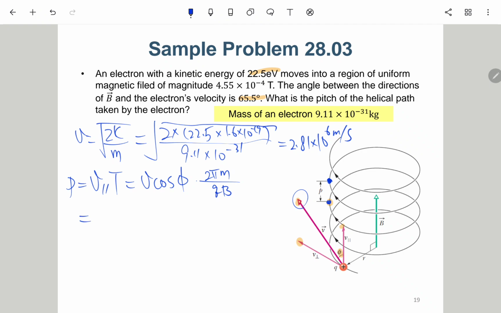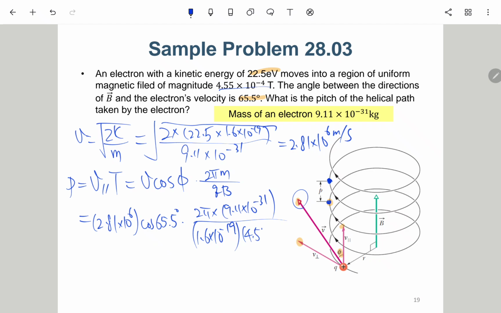Okay, so now we just need to plug in all the numbers. 2.81 times 10 to the 6th power, and then cosine 65.5 degrees, and then times 2 pi times 9.11 times 10 to negative 31 over 1.6 times 10 to minus 19 times B, which is here, 4.55 times 10 to negative 4.